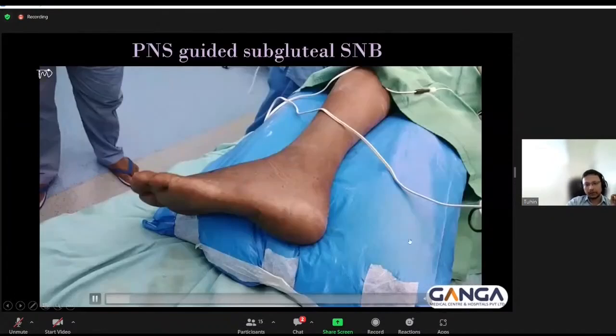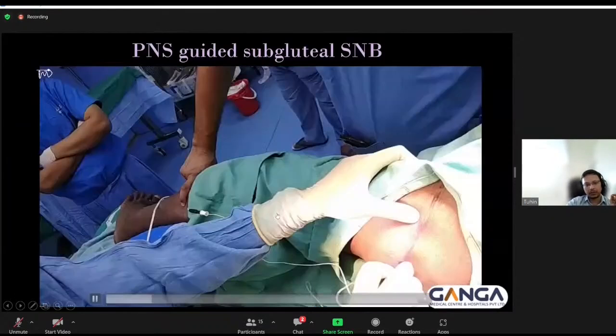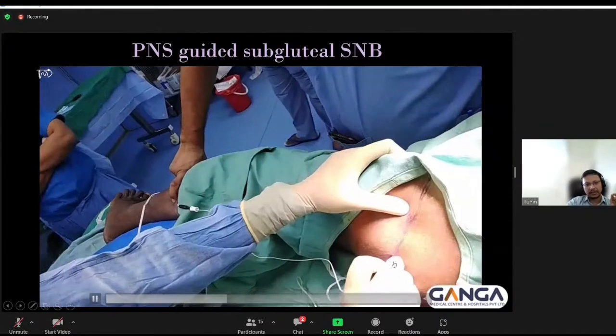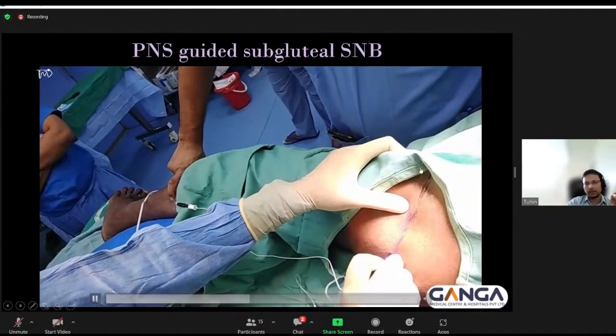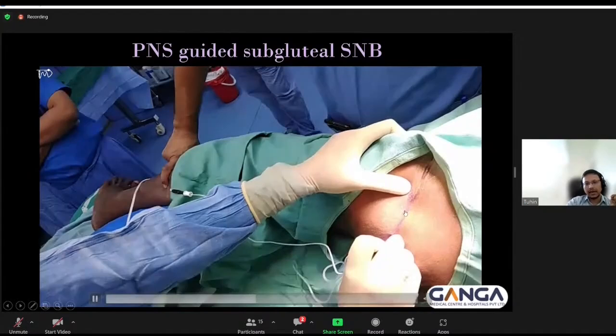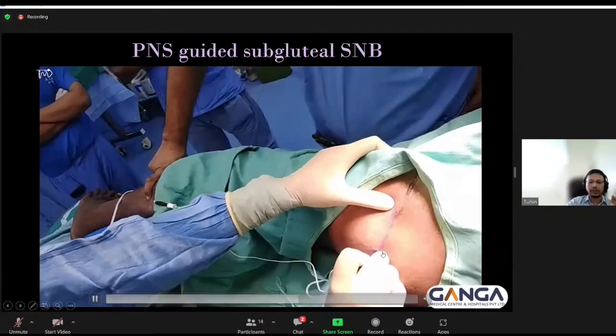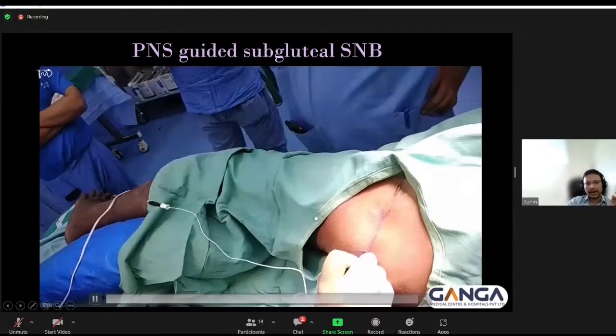So here I'm performing the GTIT approach in lateral position. The needle entry point is exactly at the midpoint between the GT and the IT, and you have to enter the needle absolutely perpendicular to the skin plane.